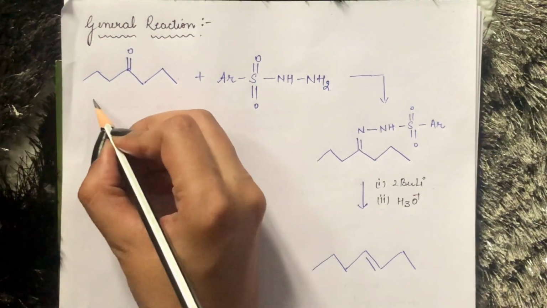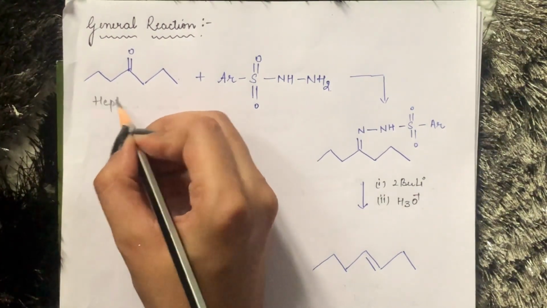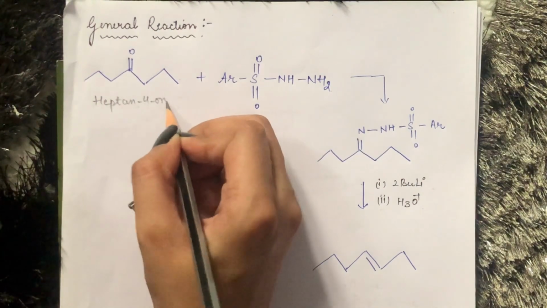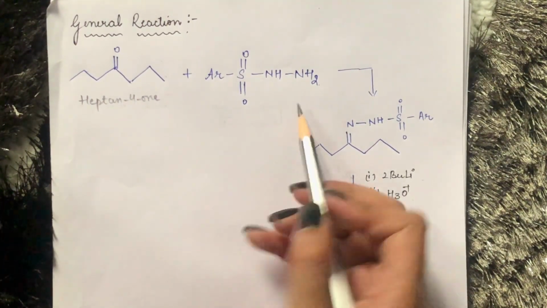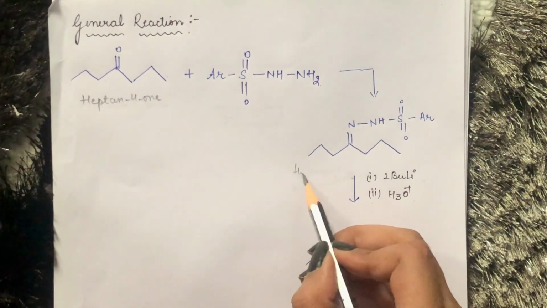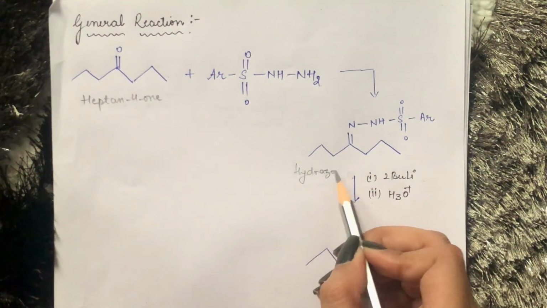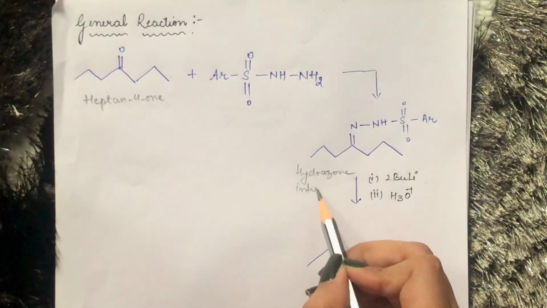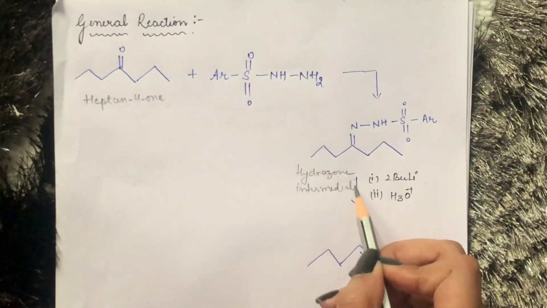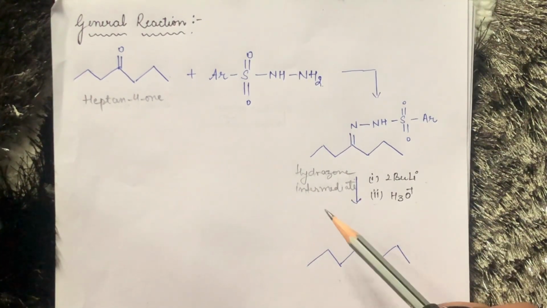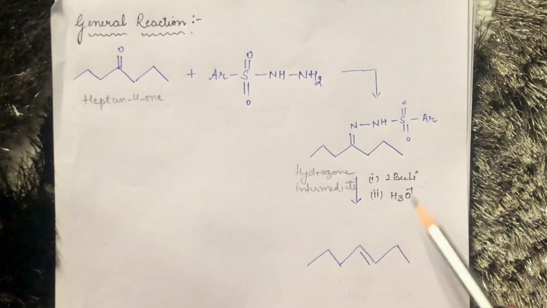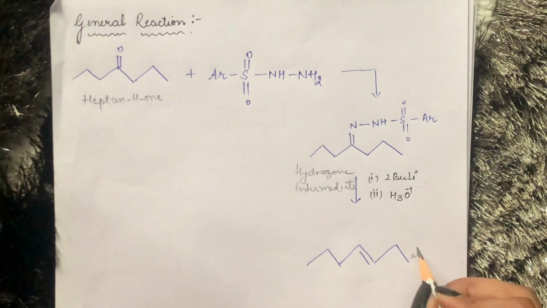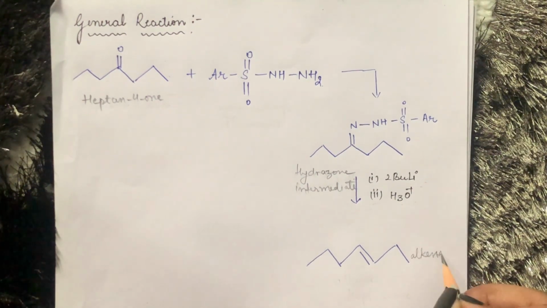A ketone, that is heptane-4-one, reacts with arene sulfonyl hydrazine to give hydrazone intermediate, which further reacts with alkyl lithium reagent and a proton source to give alkene as a final product.